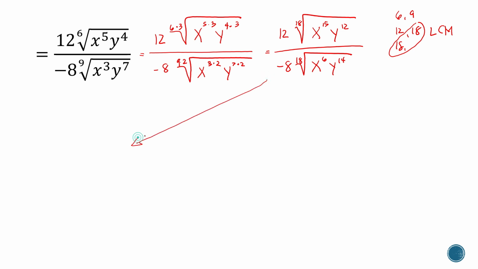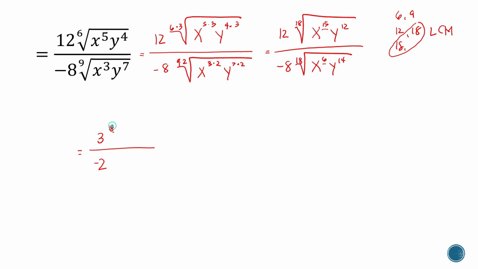So now we can perform the indicated operation, the division here among the coefficients and the radicands. 12 over negative 8 is equal to, both are divisible by 4. In fact, that's the GCF, so that will just be 3 over negative 2. Next, among the radicands, x raised to 15 over x raised to 6, we will subtract the exponents, 15 and 6, that's equal to 9.